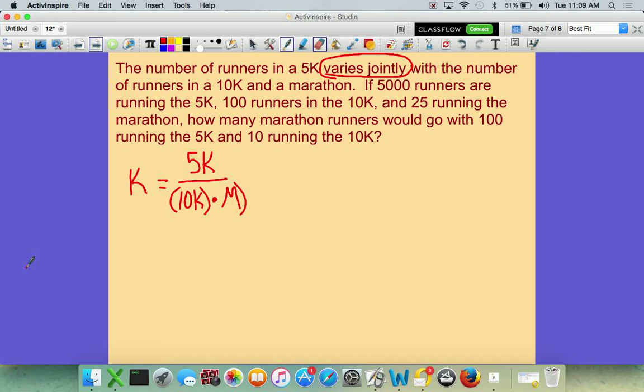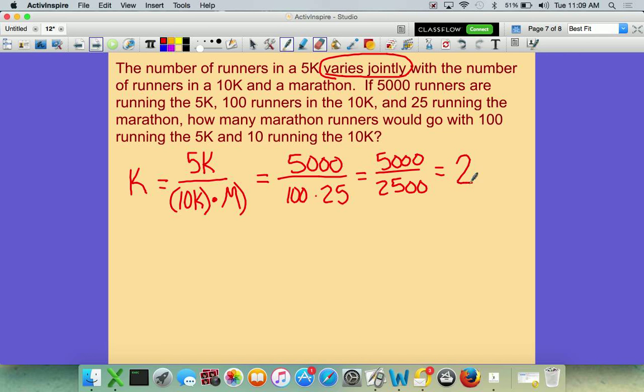So we're going to use this equation: 5,000 runners running the 5K over 100 runners running the 10K and 25 running the marathon. If we simplify, we've got 5,000 on top, 2,500 on the bottom. 5,000 divided by 2,500 is 2. So our constant for this situation is 2.